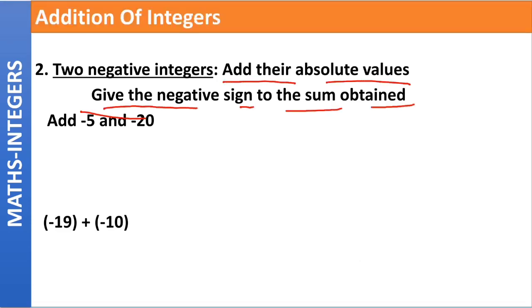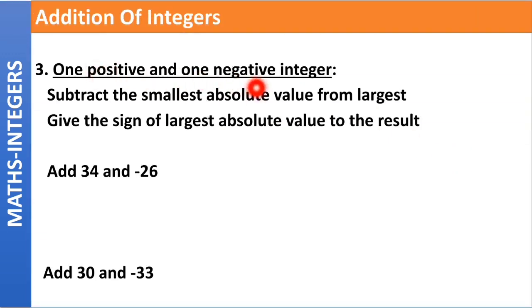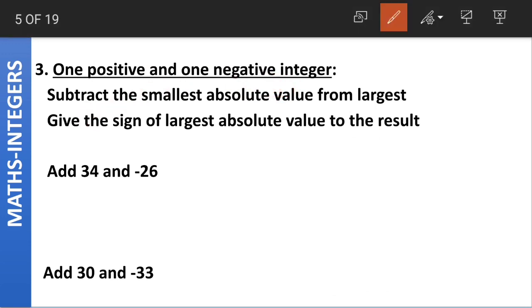Moving on, one positive and one negative integer. We have looked at two positive integers. We have looked at how to add two negative integers. Now what if we have one positive and one negative integer? Let us forget about these integers. If I give you this small problem of 10 minus 9, how will you do this?